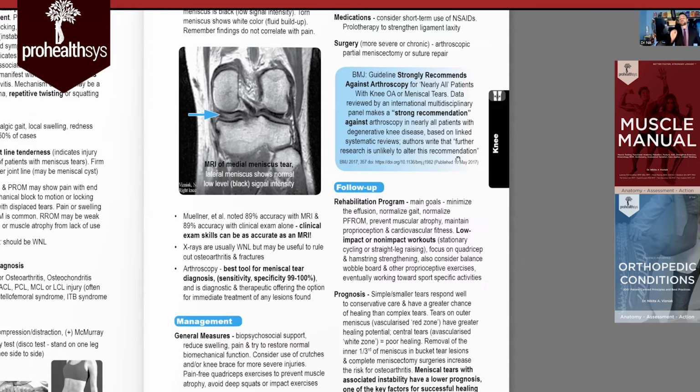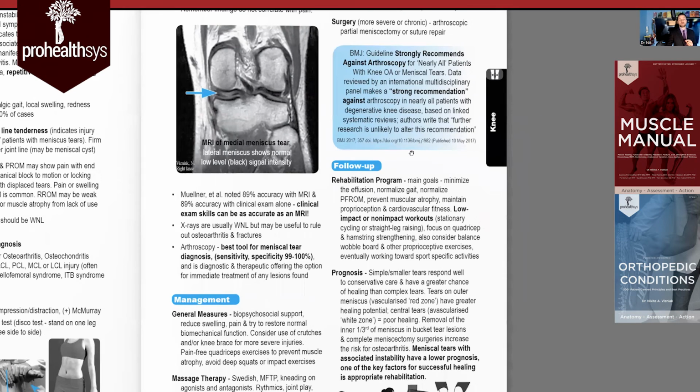In fact, it is so significant that the authors even say further research is unlikely to alter this recommendation. So that means we've got this figured out. We know that conservative management after 5 years, after 10 years, is going to result in the same, if not better, outcomes than surgical management. So why not treat it conservatively? Here's your reference that you can go ahead and look at.